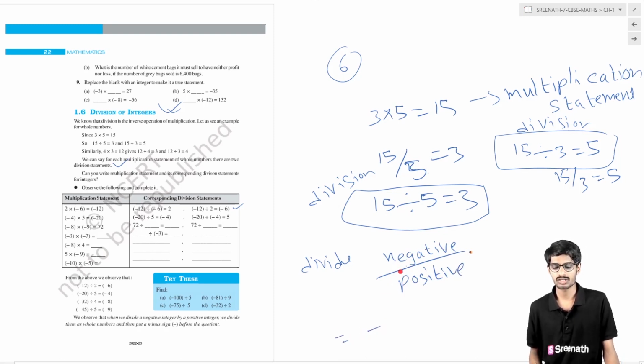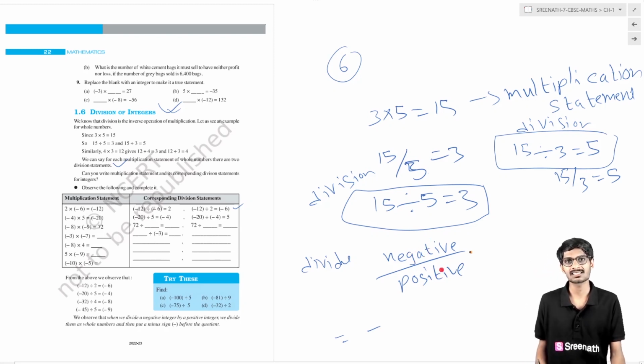We put the negative symbol, and divide the two integers as whole numbers. The division which we did in whole numbers is repeated here also in the integers.